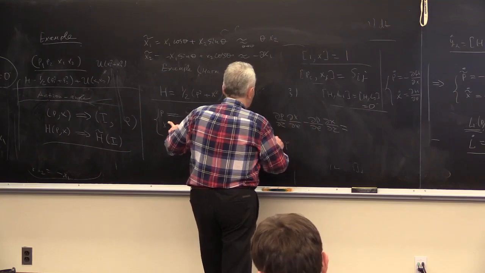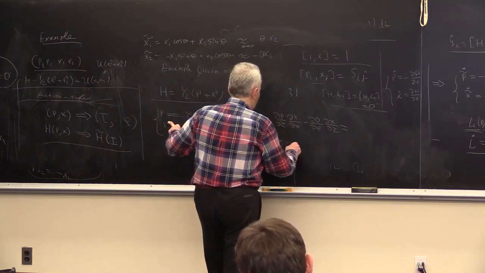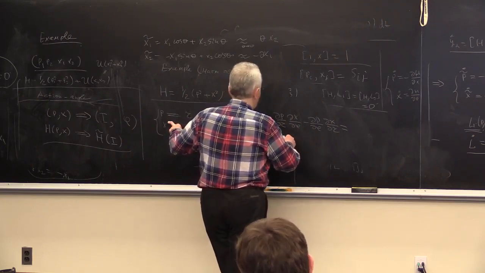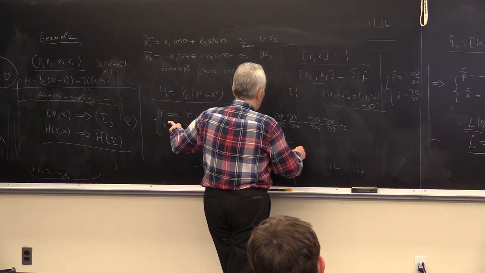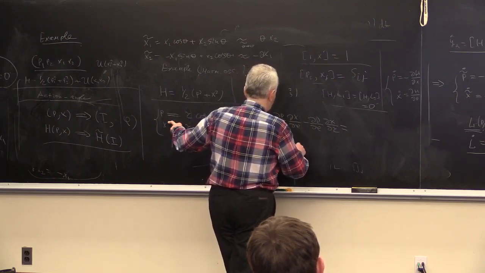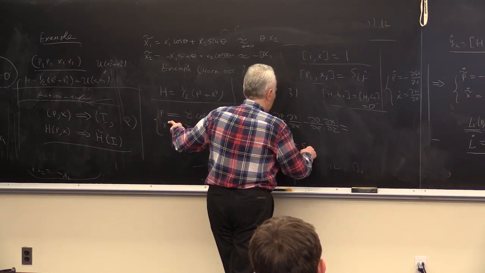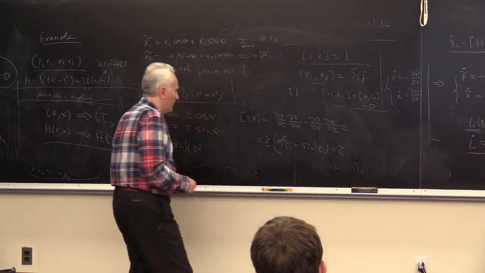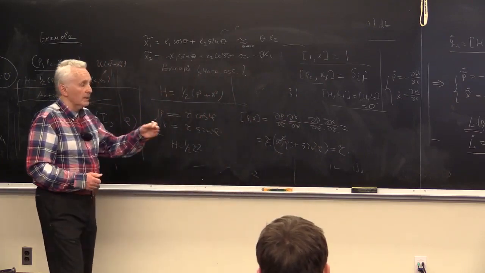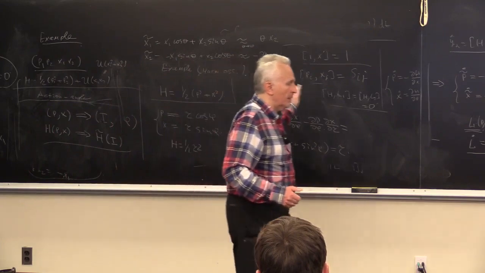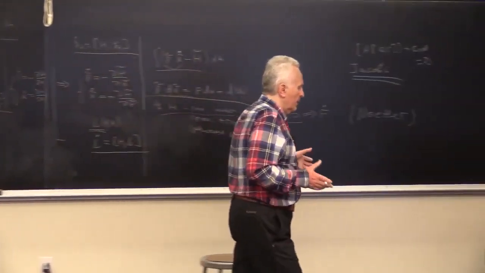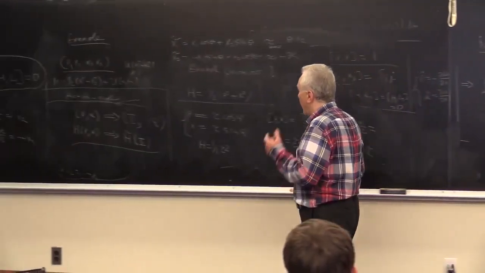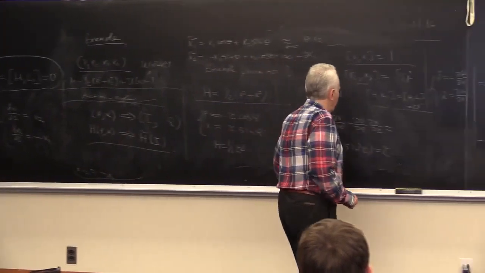Now dx d phi is r cosine phi. And from here you will have sine square phi. So you will find that it is r. It's not 1. So simply passing to polar coordinates is not a canonical transformation. You see? But it's pretty close to it.